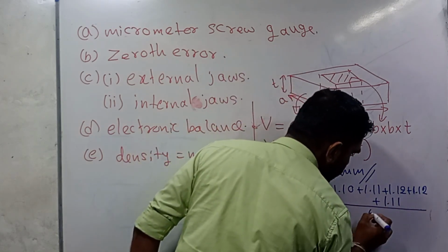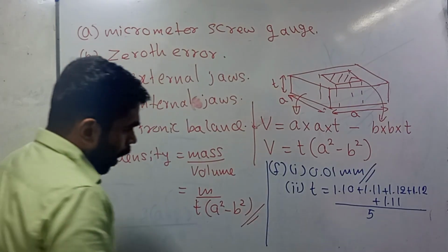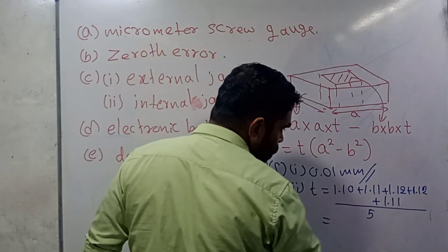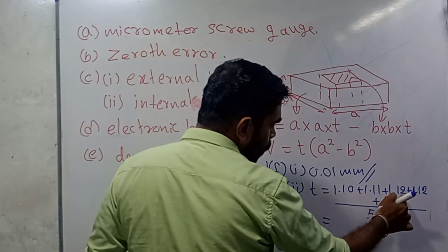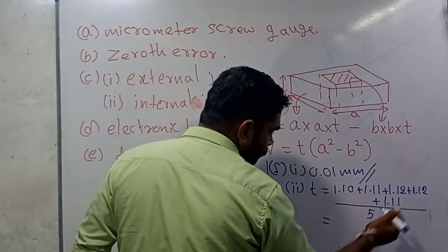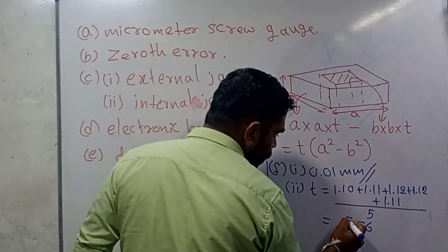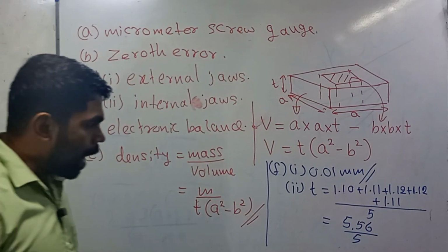There are 5 values, then we have to divide it by 5. I will add it. The sum is 5.56. 5.56 divided by 5. Now we have to divide.